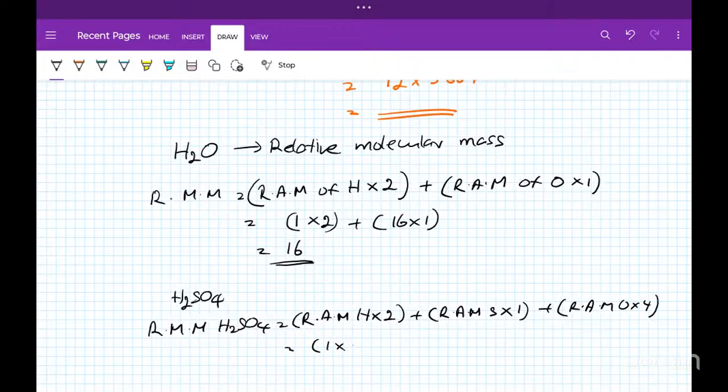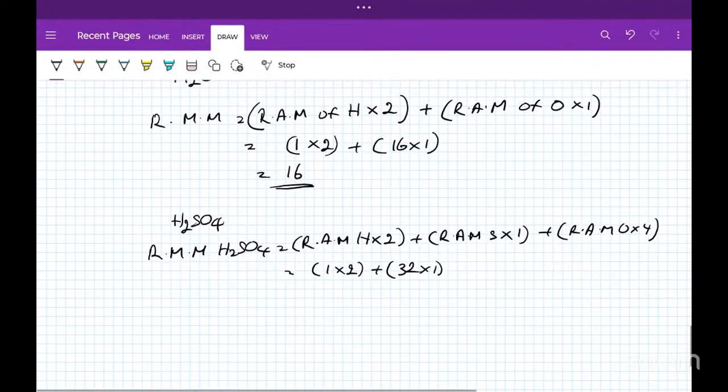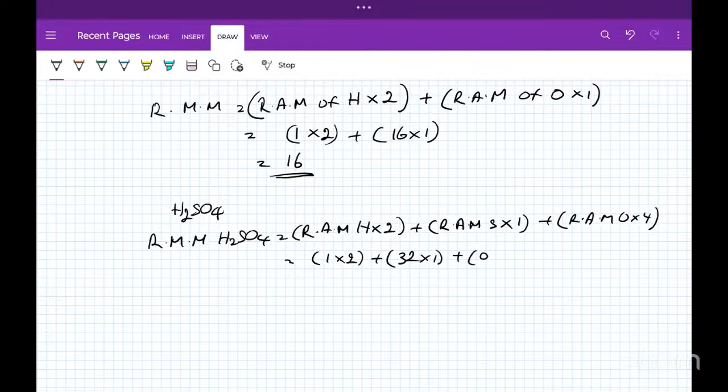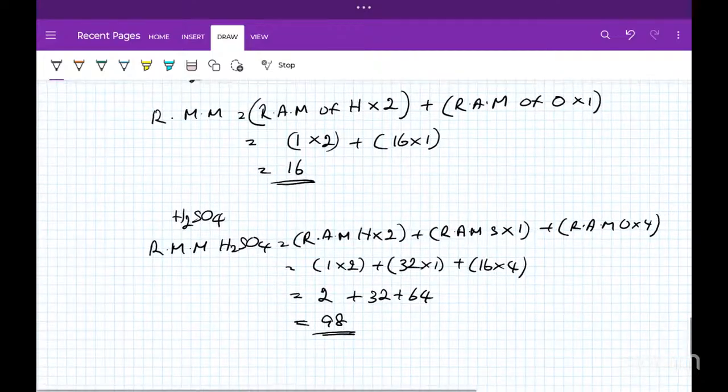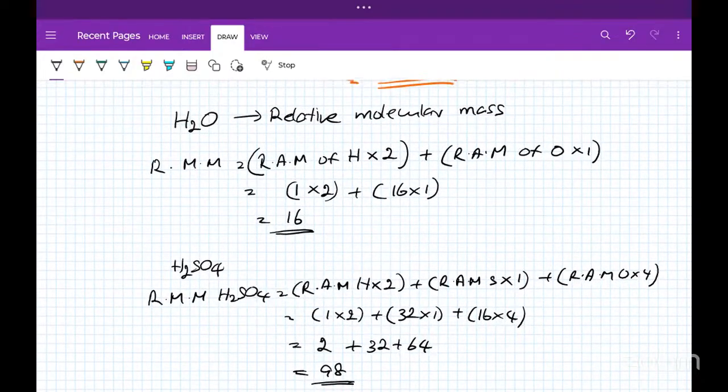Hydrogen is 1, sulfur is 32. Don't worry, these will be given to you in the examination, or you can remember them easily when you do the calculations. Oxygen is 16. So this is 2 plus 32 plus 64, which is 98. This is another method to calculate relative molecular masses using the relative atomic masses of the atoms of the molecule.